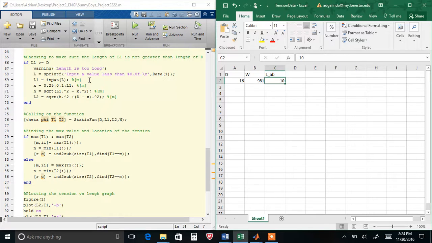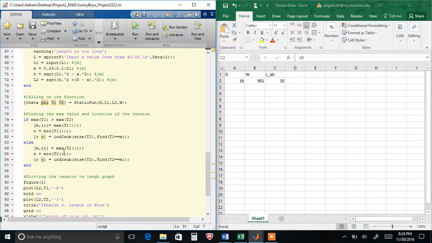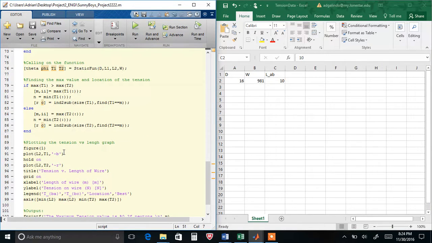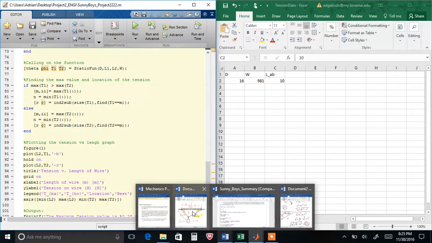You'll get your outputs. So then we have this right here, which is calling on the function. Our function that we created takes in L1, L2, and W, and then it outputs phi, T1, and T2. T1 and T2 are the tensions, which I'll show you right here.